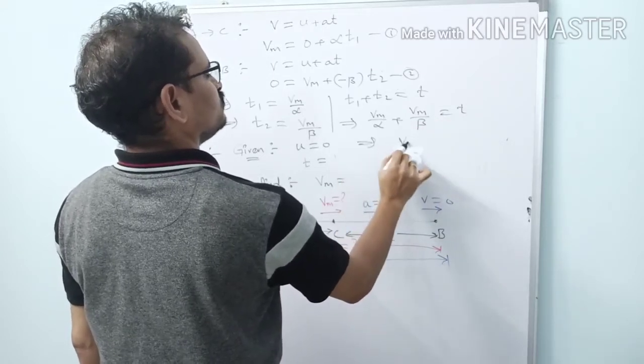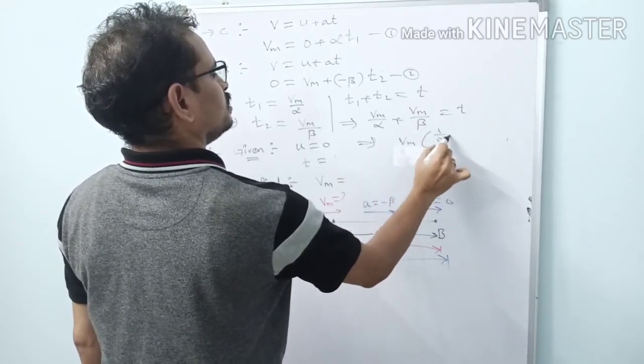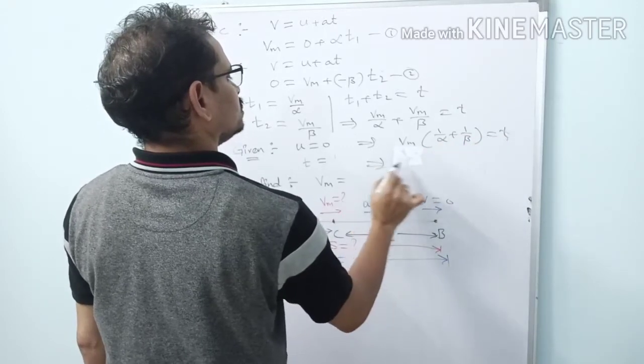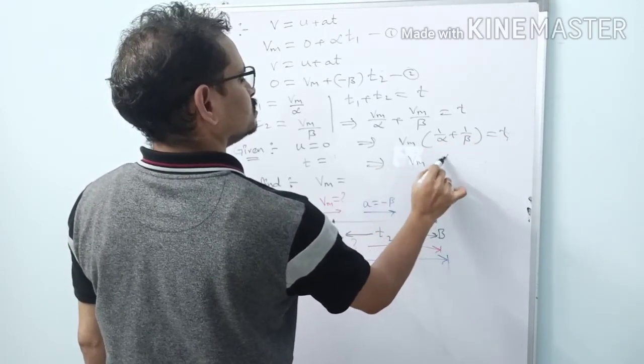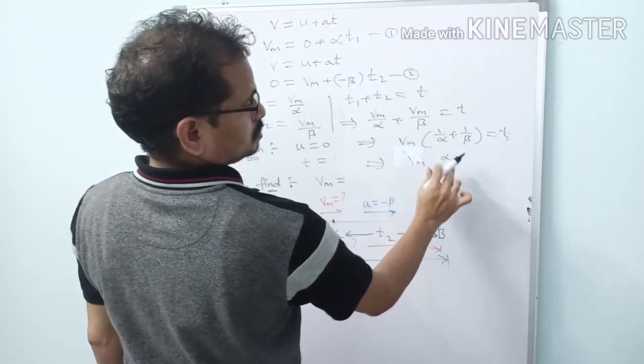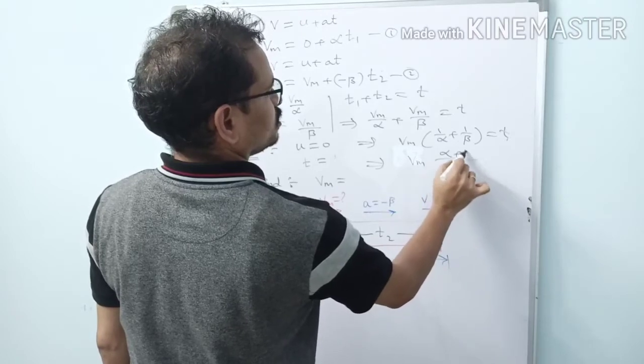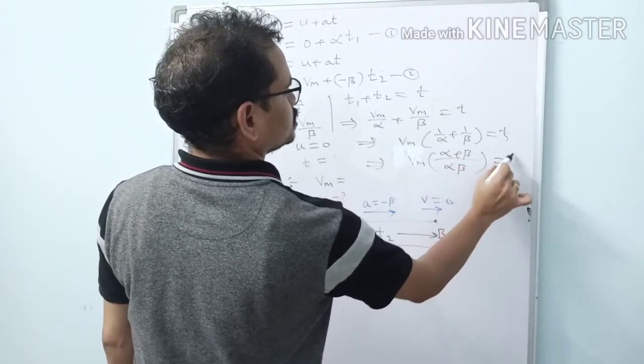So solving this, Vm into 1 by alpha plus 1 by beta equal to t. This implies Vm into alpha plus beta over alpha beta, taking LCM, is equal to t.